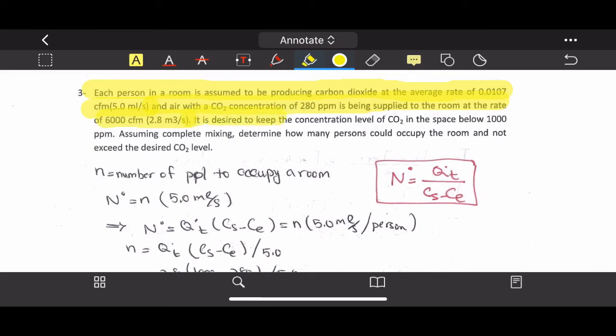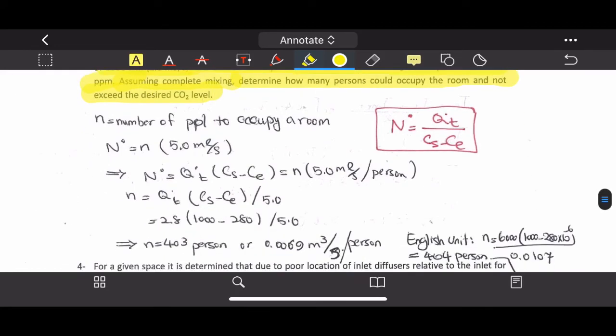It is desired to keep the CO2 concentration level in the space below 1000 ppm, right? Because this is stated by ASHRAE. Assuming complete mixing, that means air that moves into the room is assumed to have a complete mixture of all gases available on Earth, including the one supplied, which is the CO2. Determine how many persons could occupy the room and not exceed the desired CO2 level at 1000 ppm.